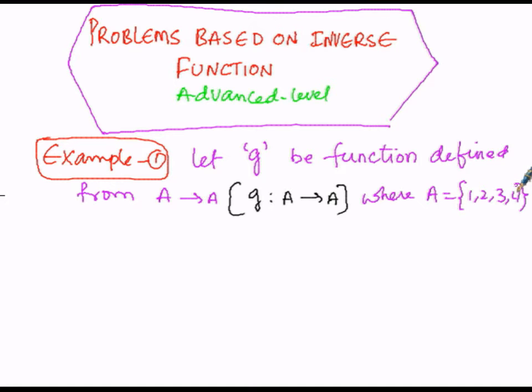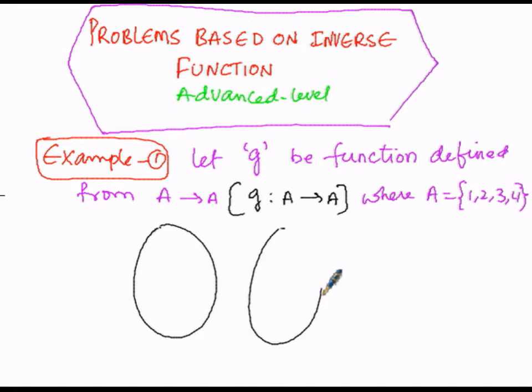So here this function is shown by the figure, that is the set consisting of the elements 1, 2, 3 and 4 in the first set, and 1, 2, 3 and 4 in the second set, that is from A to A. So here A is 1, 2, 3, 4, the first set consisting of the elements 1, 2, 3, 4, and the second set is also A consisting of 1, 2, 3, 4.